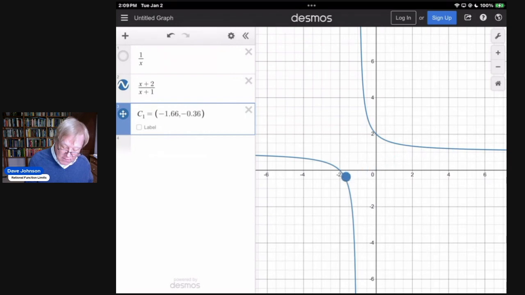And likewise, if you're on the other side of the vertical asymptote, as x gets more and more negative, bigger and bigger negative values, the y value, the x plus 2 over x plus 1, gets closer and closer to the horizontal asymptote, which we showed was y equals 1. And likewise, as x gets closer and closer to -1, but still on the left side, so it still gives you a negative denominator, then the y value is going to go to negative infinity.